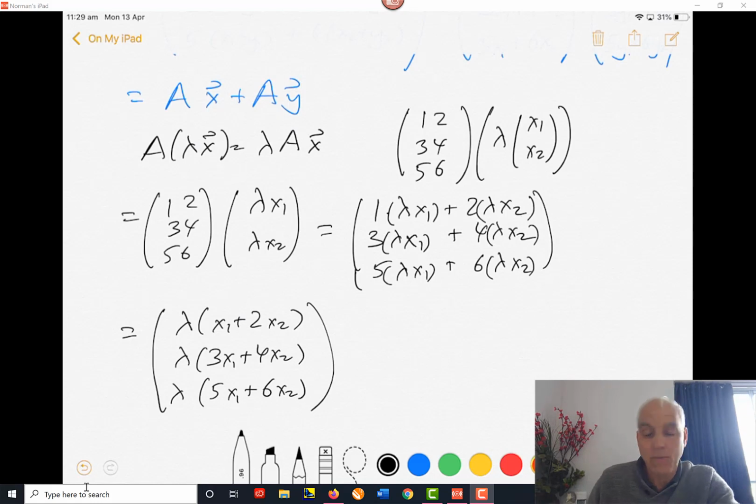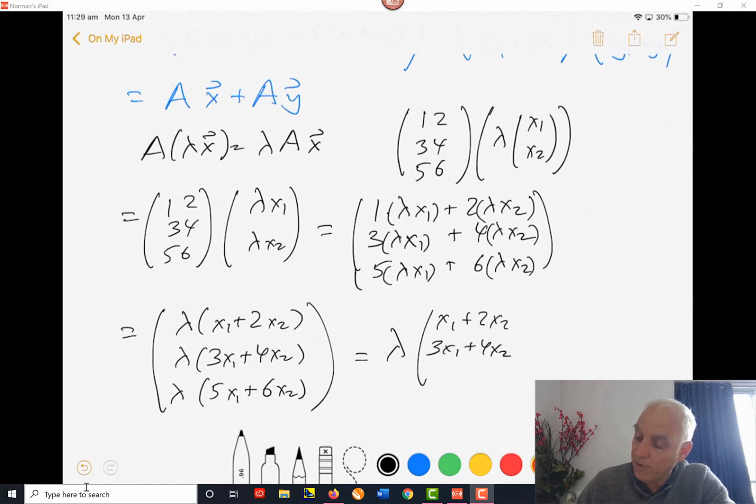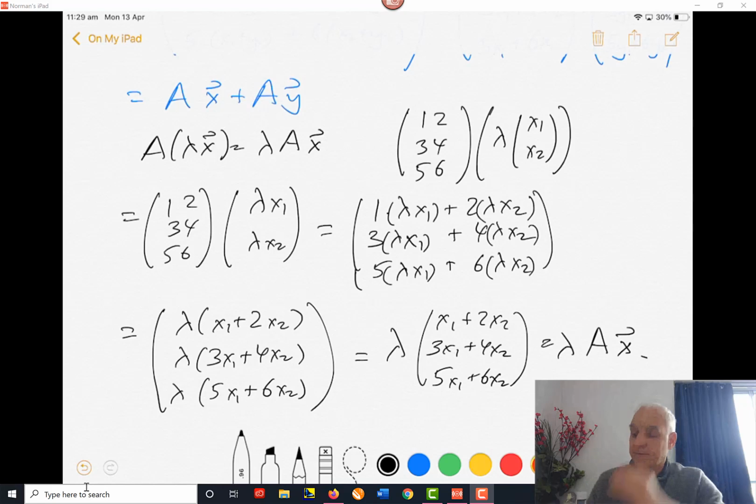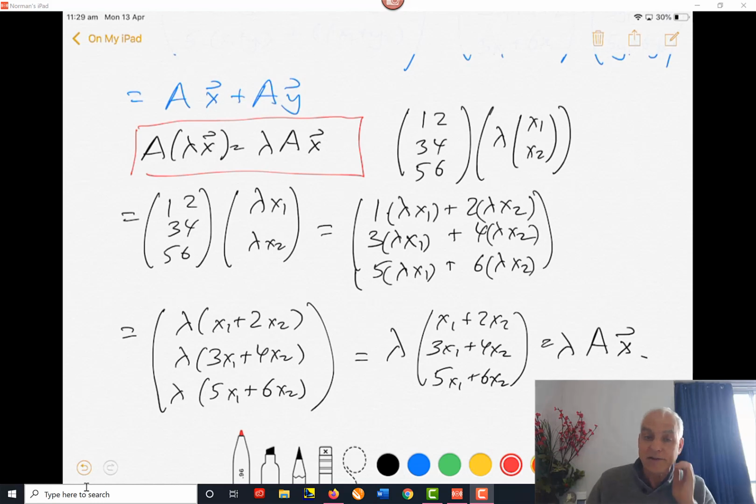And once we've done that, then it's obvious that that's just lambda times the vector (x1 plus 2x2, 3x1 plus 4x2, 5x1 plus 6x2), which is lambda times A times x. Okay, so we have verified, in this example, this second linear property.